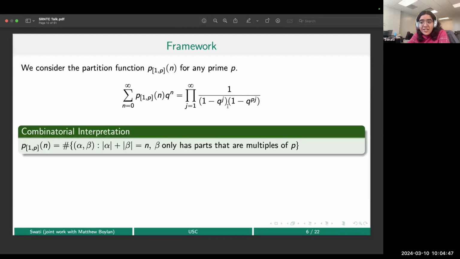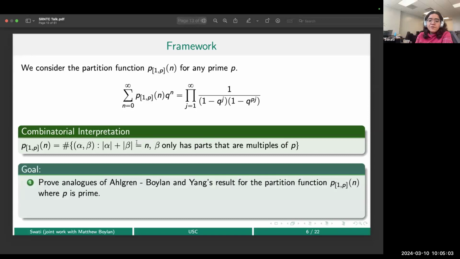Now, the reason why it is interesting is it counts the number of partition pairs such that the sum of their parts is n, where we have a restriction on beta that it consists only of parts that are multiples of P. So what we prove is we firstly give an analog of Ahlgren-Boylan's result for this partition function, and we also provide the analog of Yang's result for this partition function. And I'll also describe some explicit examples that basically illustrate our theorems.